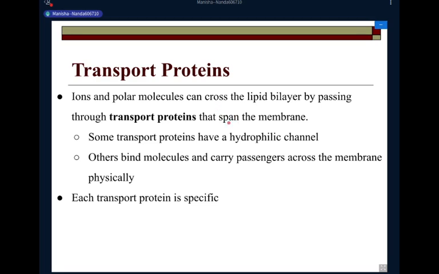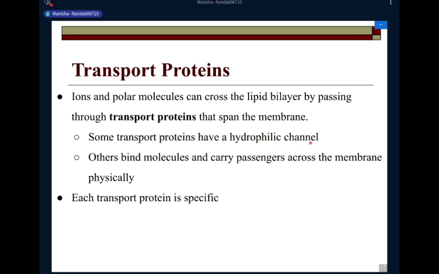Now this word span means, as I have already talked of, these transporters are actually transmembrane proteins that cross both the leaflets of the lipid bilayer so that they are able to connect the extracellular side to the intracellular side and can allow the movement of molecules from cell interior to the cell exterior, or from the cell exterior to the cell interior, vice versa.